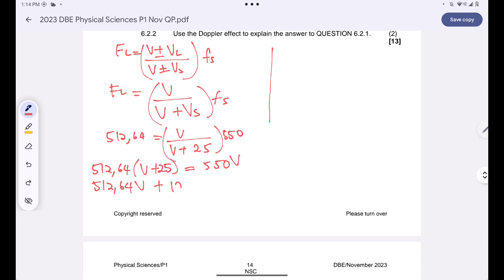I'll simply get 12,816 is equal to 550 V minus 512.64 V. I'll be left with 12,816 on the left hand side. Then on the right hand side I'll have 37.36 V.